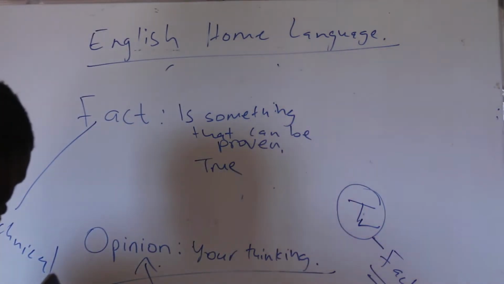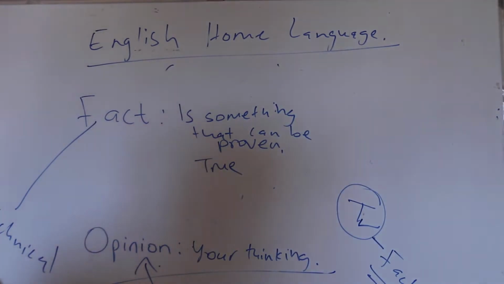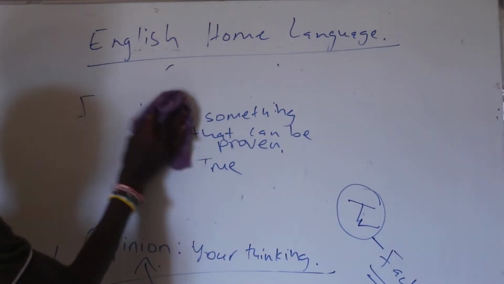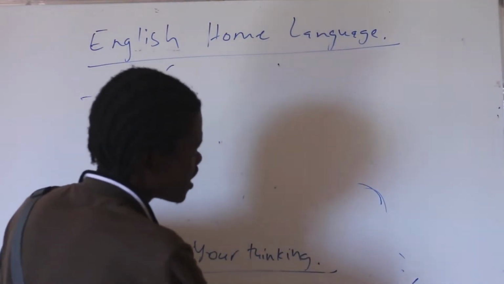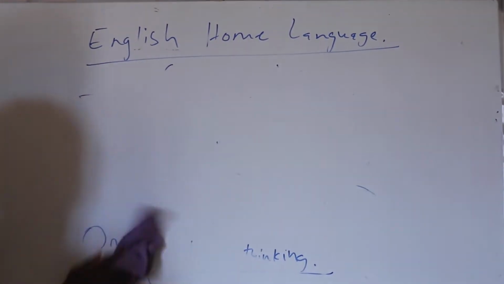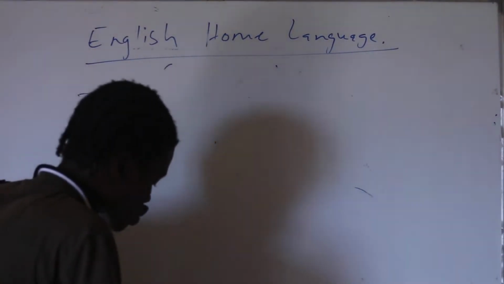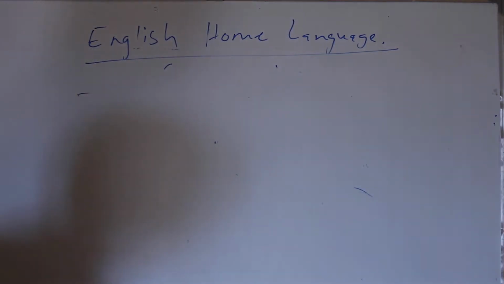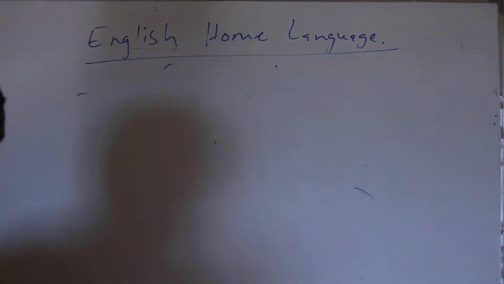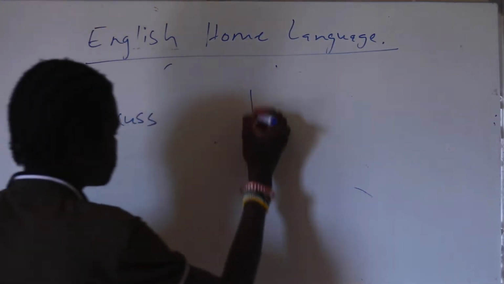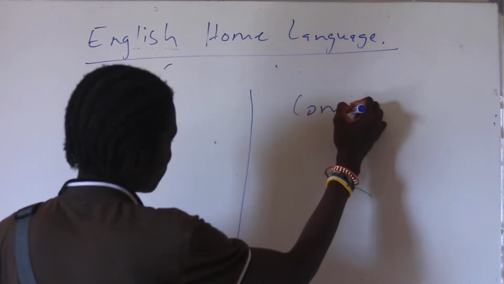So now I'm going to tap into something that made me create this whole scenario. We have 2 words in English that give learners a problem, and now I'm going to tackle those words. I think the whole nation will rest assured right now. I've said this previously and I'm going to say it again. There's a word called discuss, and then there's a word called comment.